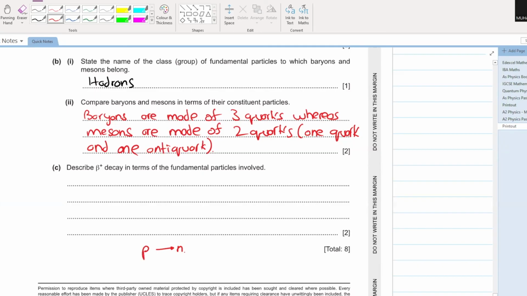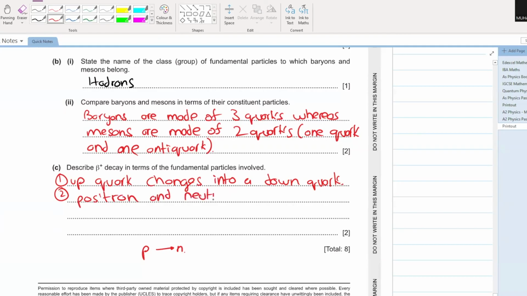So you will say an up quark changes into a down quark. And what else do we know? There are two more fundamental particles that are released. Positron and neutrino are emitted.